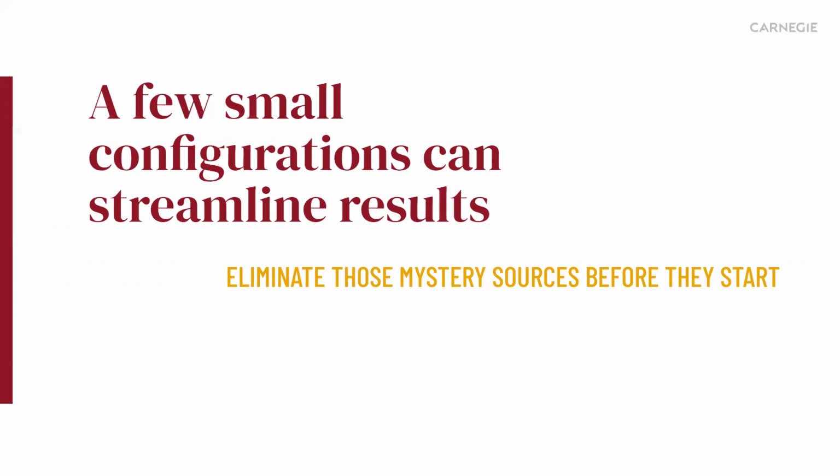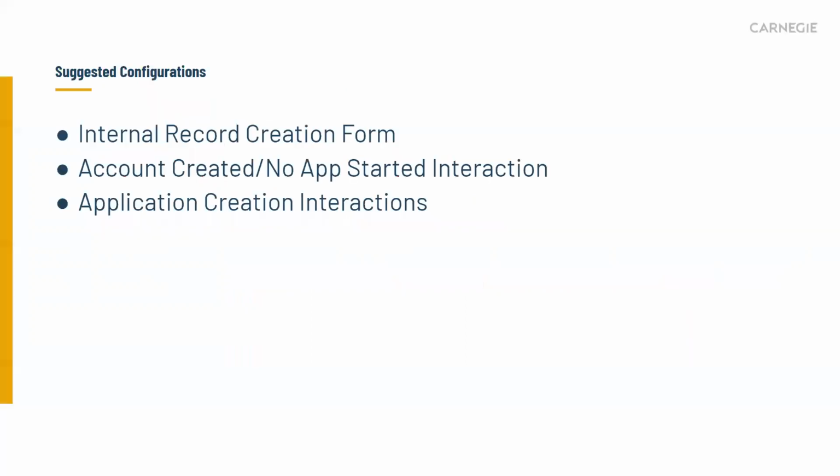These are those mystery sources. So there are a few things you can do in the initial build that will help minimize those mystery sources. I want to focus on 3 suggested configurations: an internal record creation form, an account created, no app started interaction, and application creation interactions.